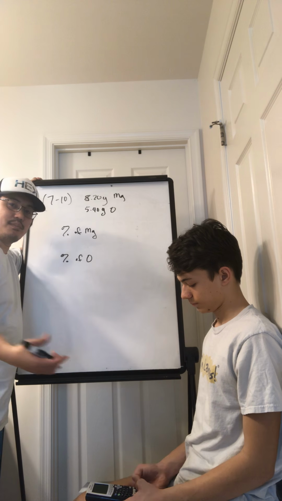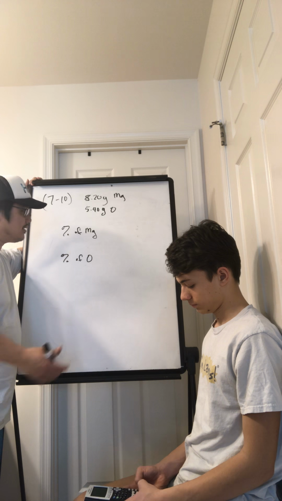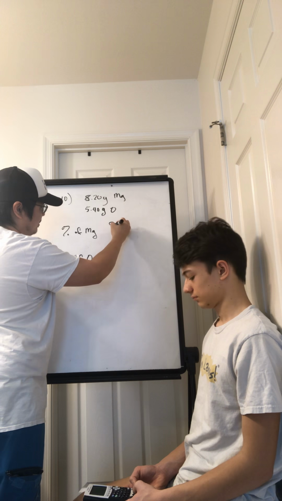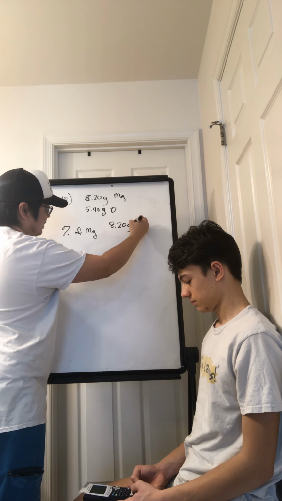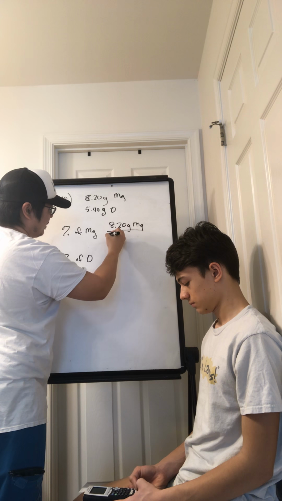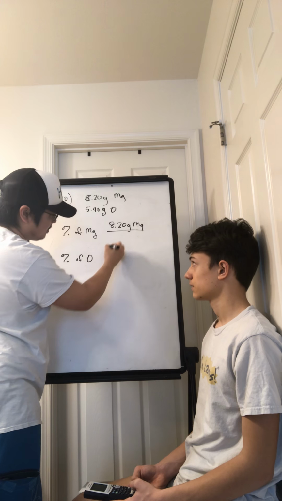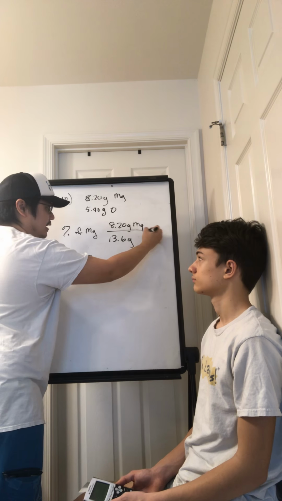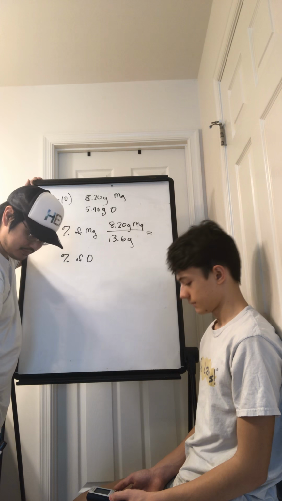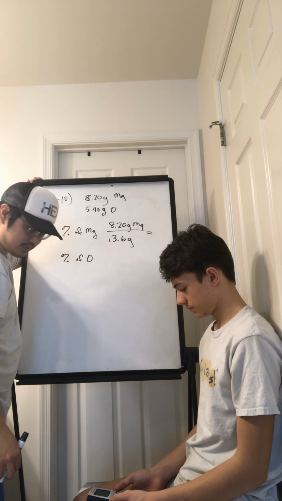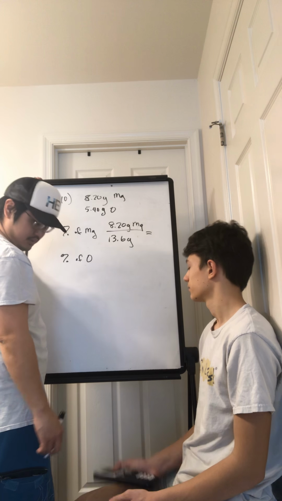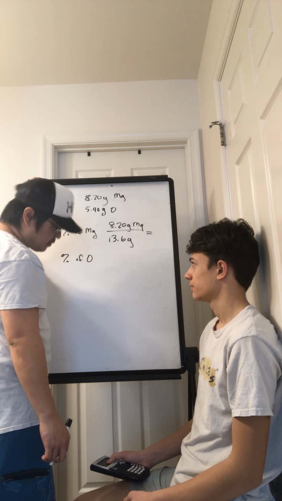So if I want to figure out the percent of magnesium in here, you take 8.20 grams of magnesium divided by 13.6 grams of stuff, and you end up getting 0.602.